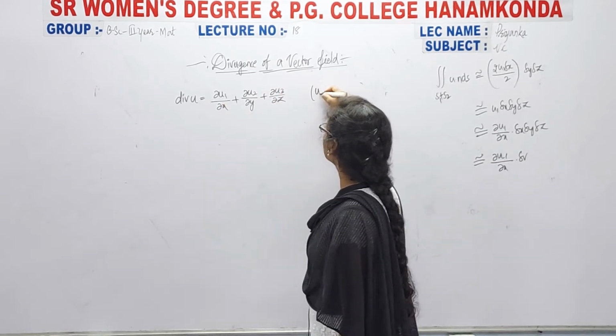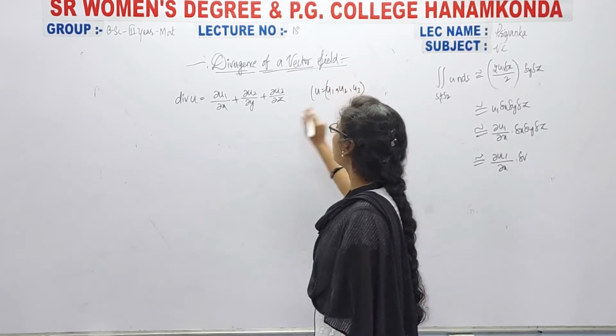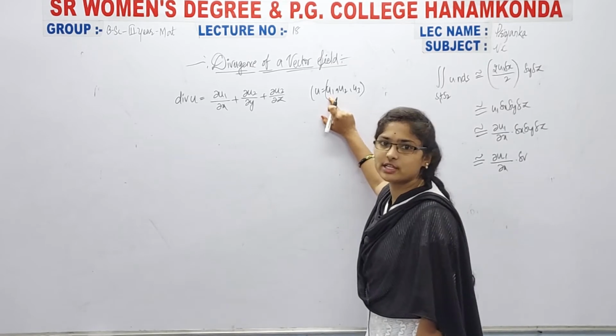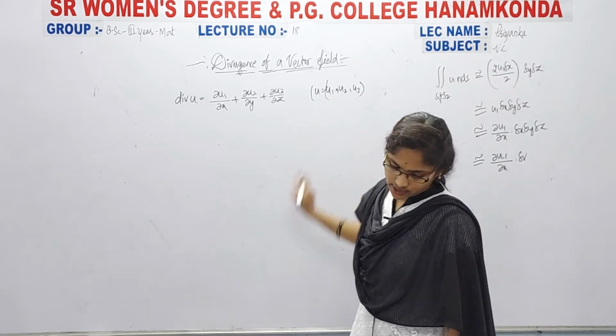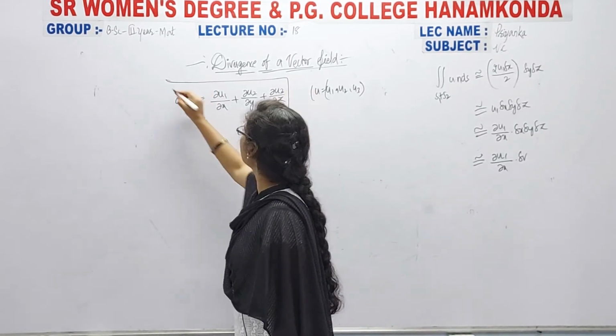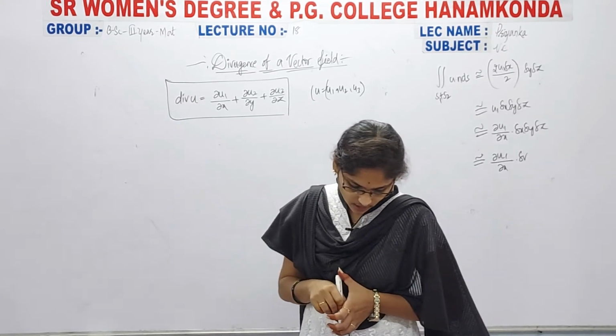Where u is nothing but u1, u2, u3. So the formula for the divergence of u is to differentiate u1 with respect to x, u2 with respect to y, u3 with respect to z. Box it. This is the formula of the divergence of u. That's it. Now it is enough to remember this one.